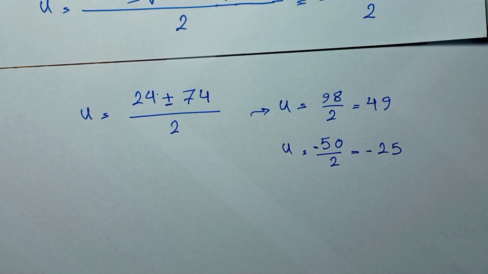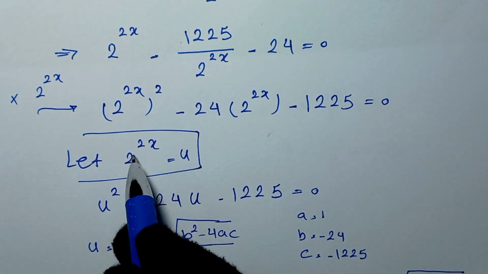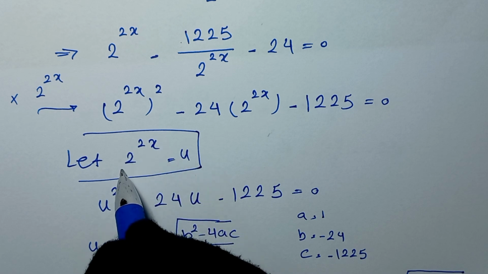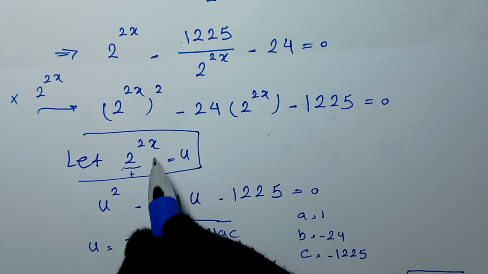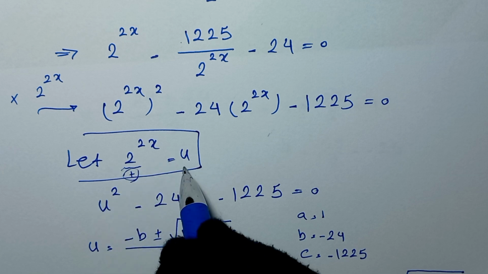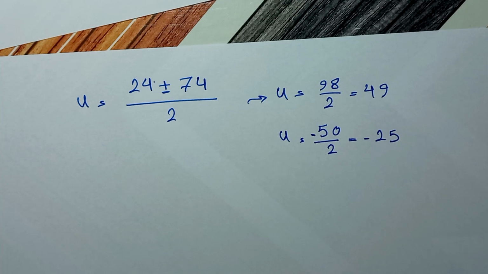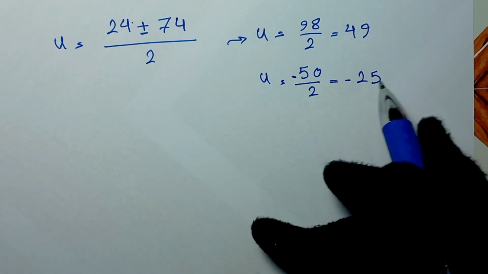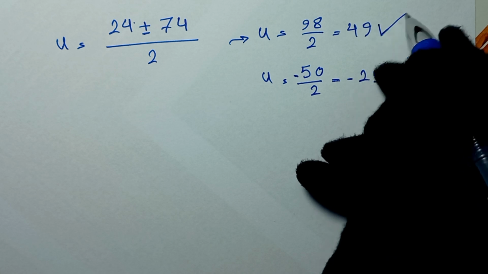But from here, u is equal to 2^(2x), and 2 to the power of 2x is positive, so u should be positive. Here, we reject this negative answer for u, and we continue with u equal to 49.